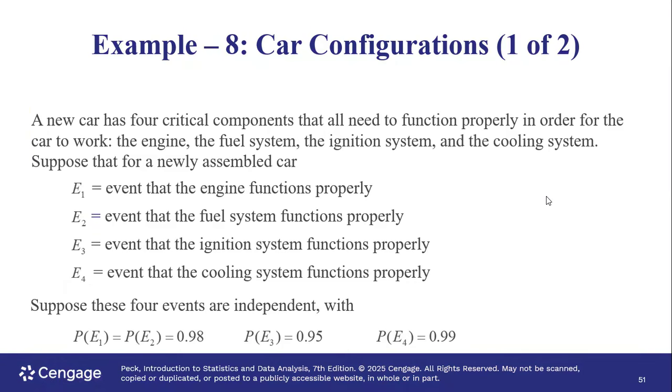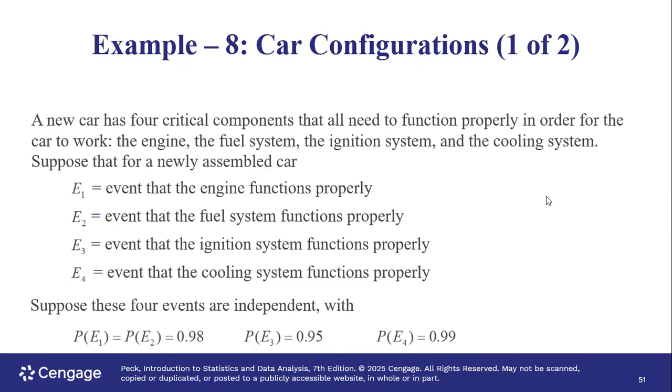Suppose for a newly assembled car, E1 is the event that the engine functions properly, E2 is the event that the fuel system functions properly, E3 is the event that the ignition system functions properly, and E4 is the event that the cooling system functions properly. Suppose the four events are independent. Independent means whether one event happens or not will not influence the probability of the other event.